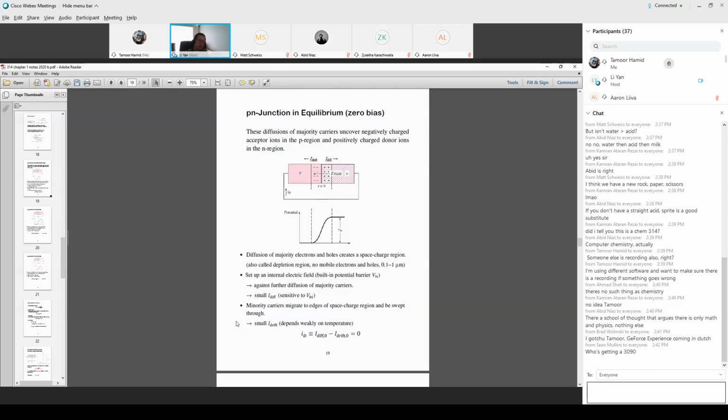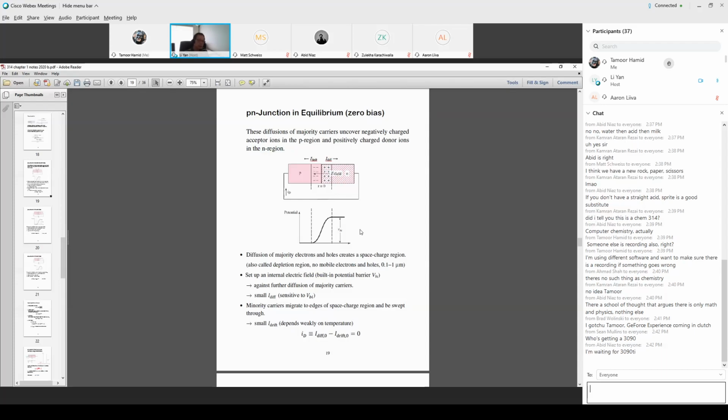That's the action of a potential barrier. So the electrons come from different regions. For electrons from this region, the potential barrier works against the diffusion. For electrons in this region, the potential barrier will pull them to this end. But the potential is created because you have initial diffusion. So don't confuse the initial diffusion with the barrier that diffusion creates.